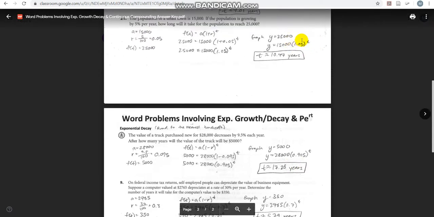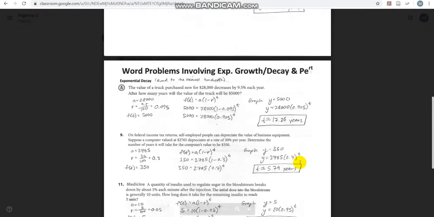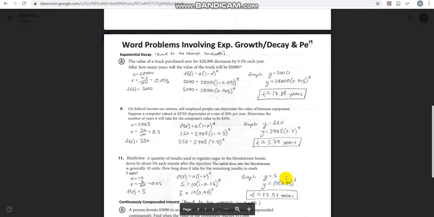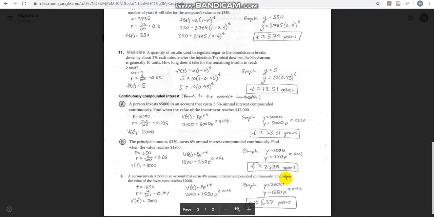For the problems up here, the number in the parentheses is greater than 1. So if you notice that pattern, all these numbers greater than 1 represent exponential growth. The numbers in here are all less than 1, or between 0 and 1, so it's going to be exponential decay, and so forth.